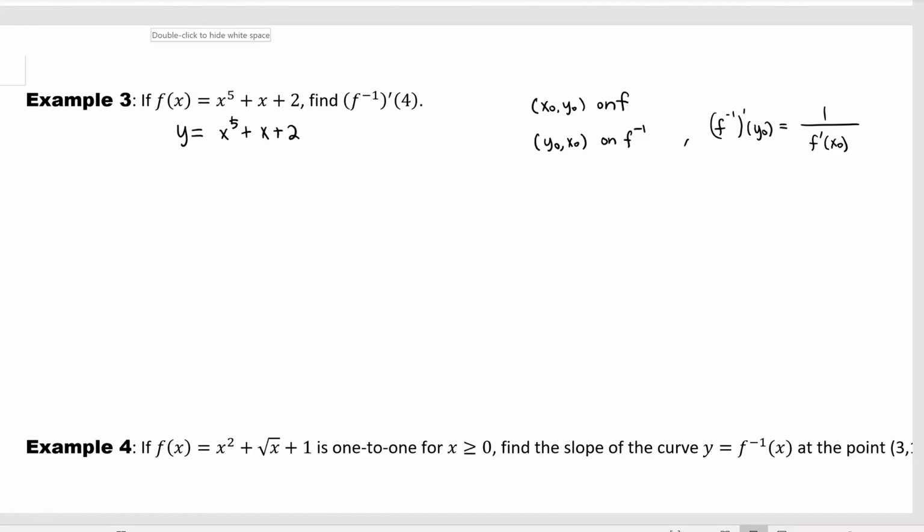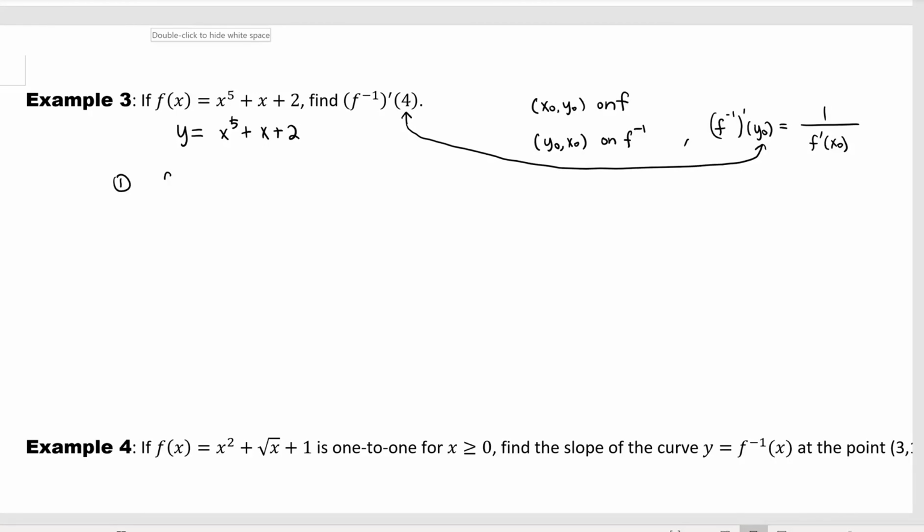So here, what is the 4? Well, the 4 is actually y0.